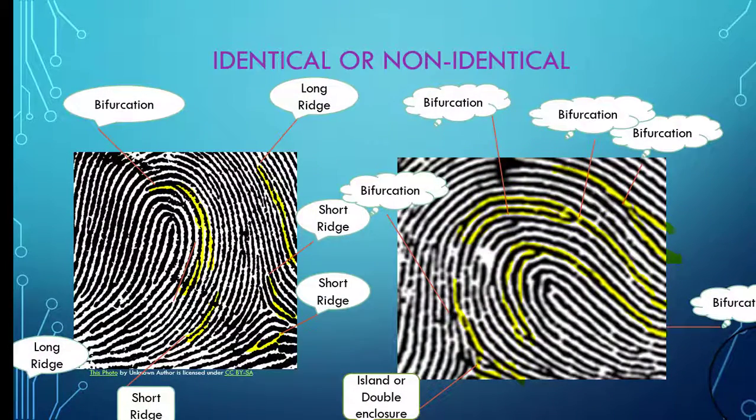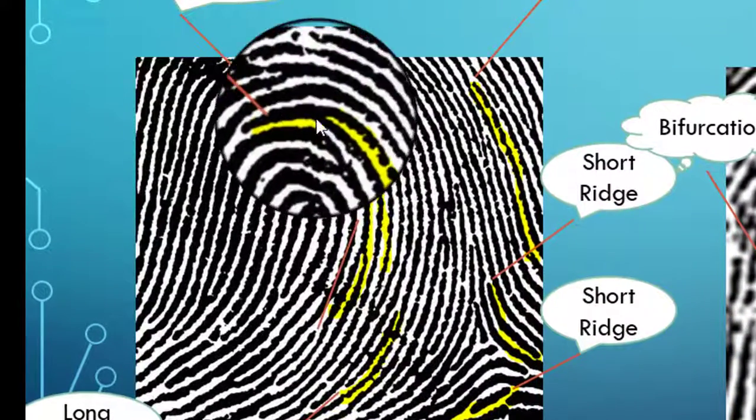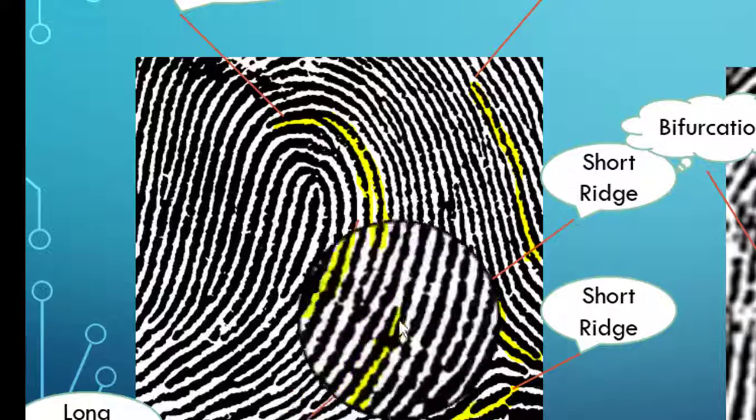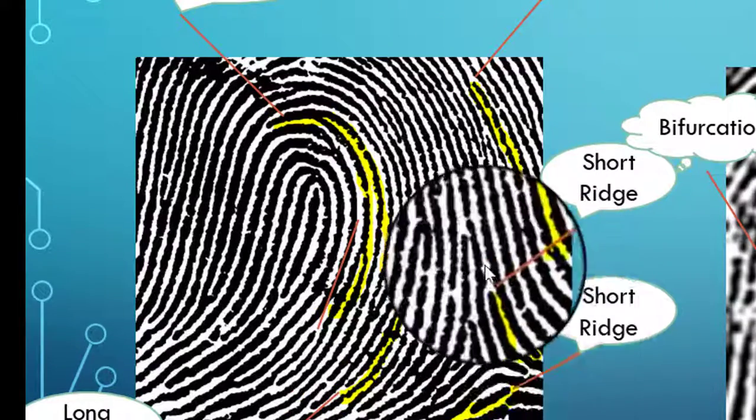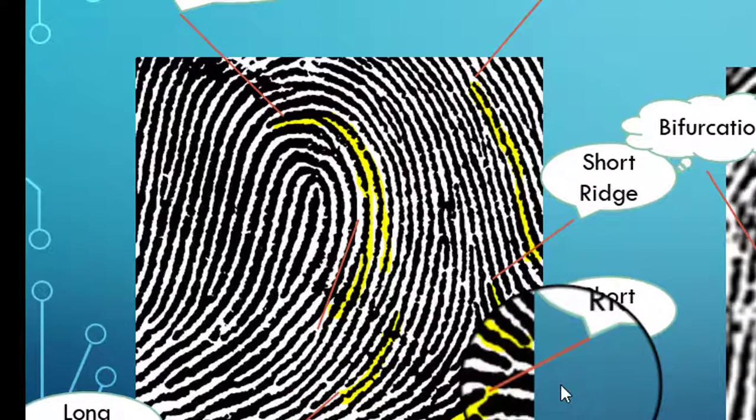First, the fingerprint on the left is a loop as well as the right print. In reviewing the ridge endings on the left, there is a bifurcation, long and short ridges.